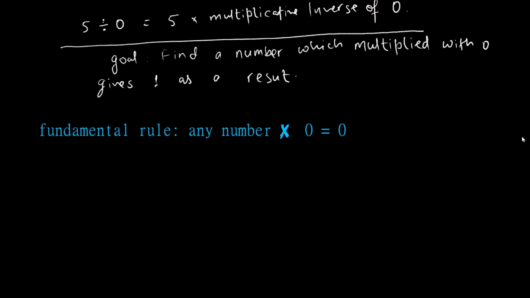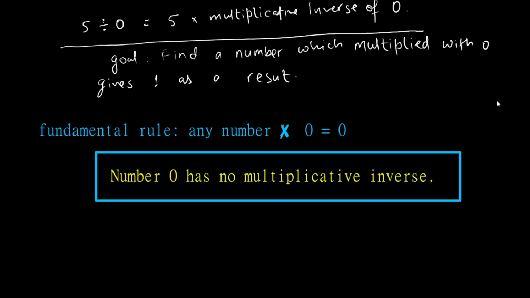But one of the fundamental rules in mathematics is that any number multiplied with 0 always gives 0. So there is no number which, multiplied with 0, gives 1 as a result. So our conclusion is that the number 0 has no multiplicative inverse.